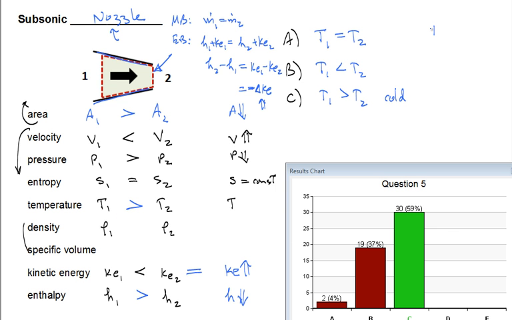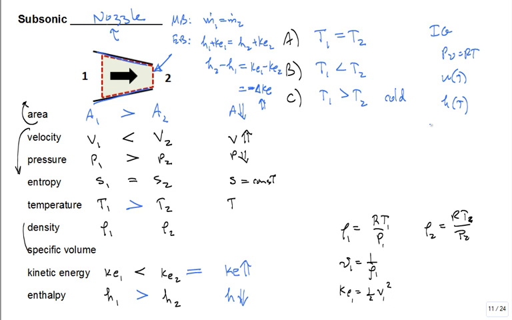Because when I say ideal gas, PV is equal to RT, U is a function of temperature only, and enthalpy is a function of temperature only, true? Does enthalpy generally go up with temperature, or does it go down with temperature? Usually goes up with temperature, yeah, true? So there you go.